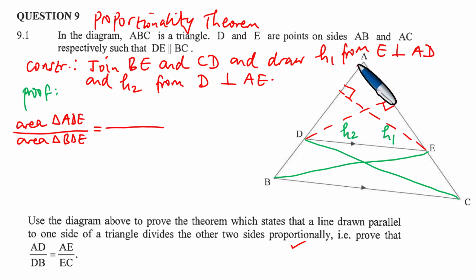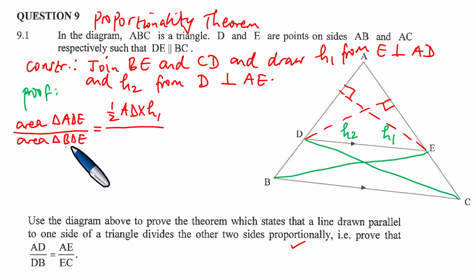If you want to find the area of the triangle ADE, it is half the base, the base is AD, half the base AD multiplied by the height H1.